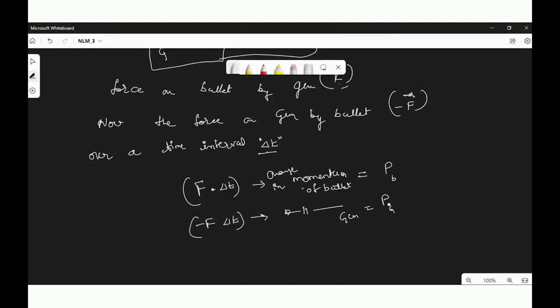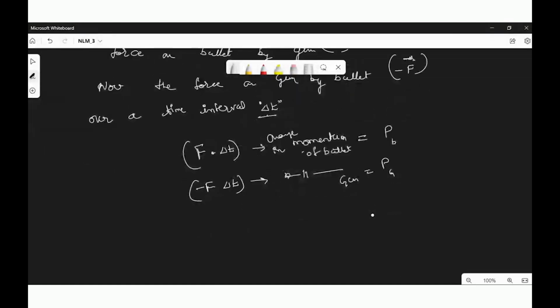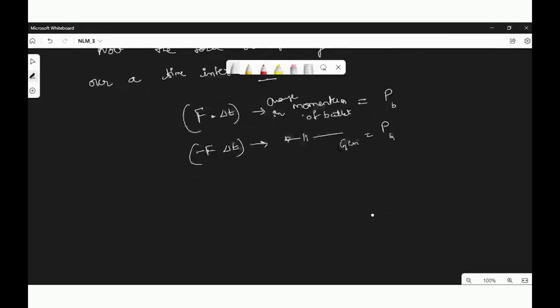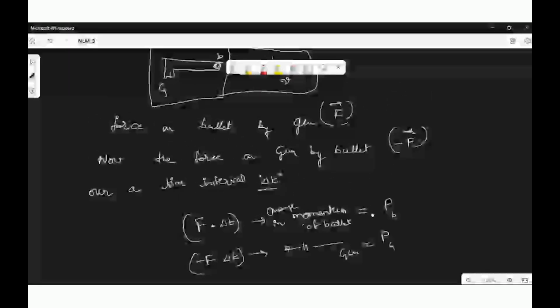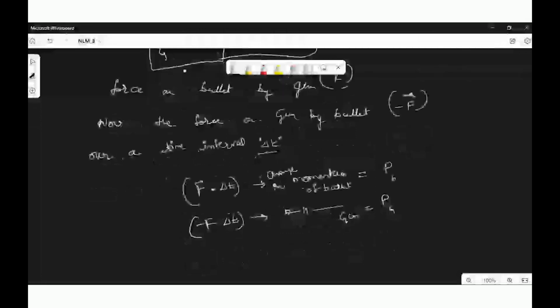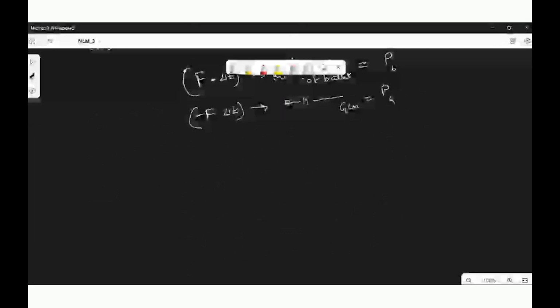And we can say, before firing, both are at rest, no? The bullet was sitting here and the gun was also there. So both are at rest. If the system was at rest, the change in momentum should be equal to the final momentum.